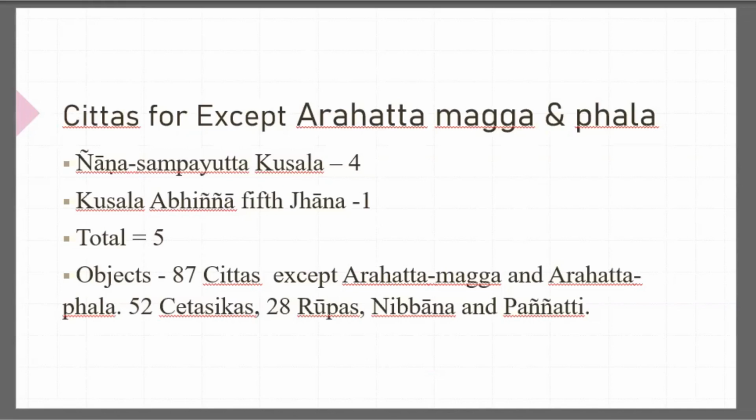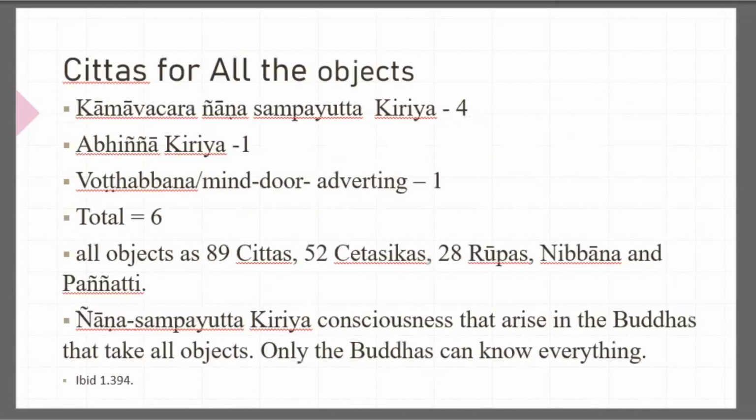Then we are going to learn the Cittas that take all the objects. What are they? There are 6. 4 Kamavachara Jnana Sampayutta Kiriya Cittas. Then Abhiñña Kiriya and Votthabbana, mind-adverting consciousness. Altogether 6.